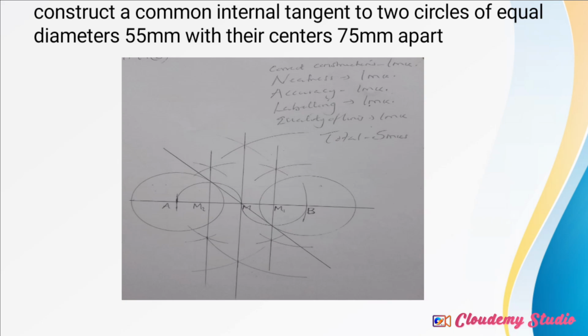So you start at point A, measure 75 millimeters across that horizontal line to find point B. And then at point A, you draw the first circle that has a diameter of 55 millimeters. And at point B, you also draw a circle that has a diameter of 55 millimeters, because the two circles are of equal diameters.